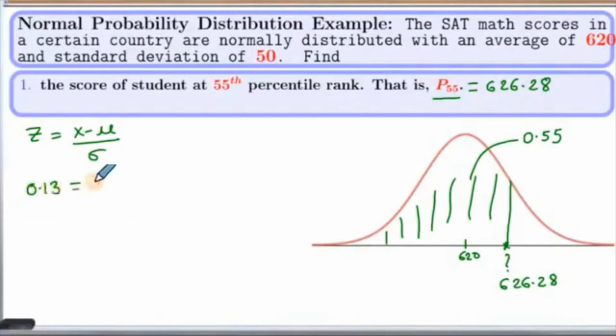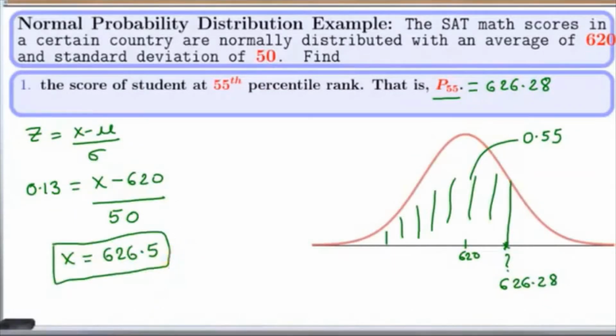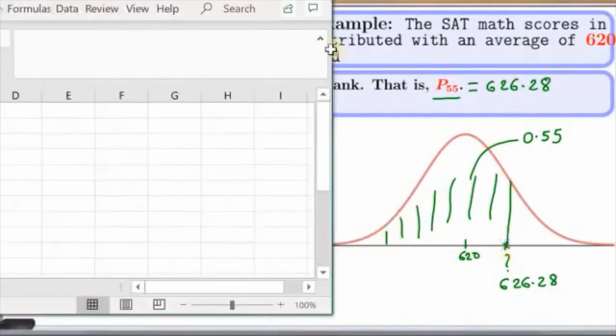We are trying to find X, so we don't know that. Now from the question, we know mean is 620 and standard deviation is 50. Now solving for X, we get X equals 626.5.